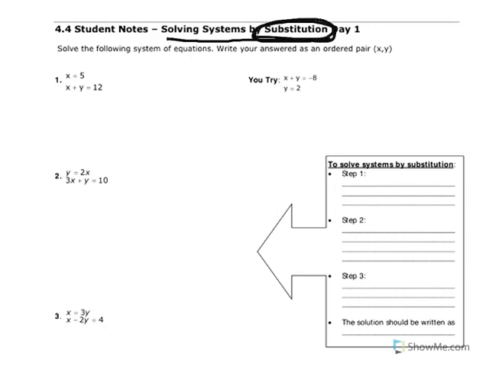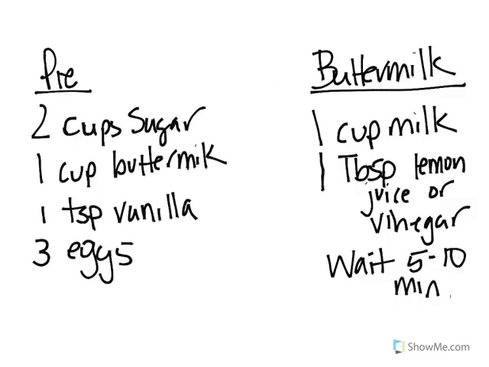Before I get into the math, I wanted you to think about something. I was thinking about making a pie, and I saw this recipe online for a chestnut pie. It said to use 2 cups of sugar, 1 cup of buttermilk, a teaspoon of vanilla, and 3 eggs. I have sugar, vanilla, and eggs in my house, but I didn't have buttermilk.